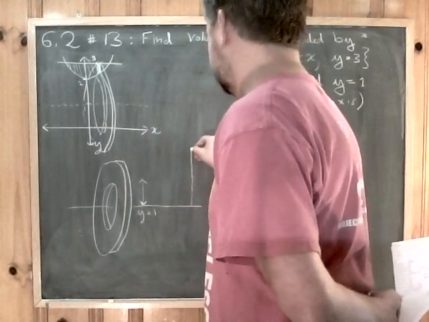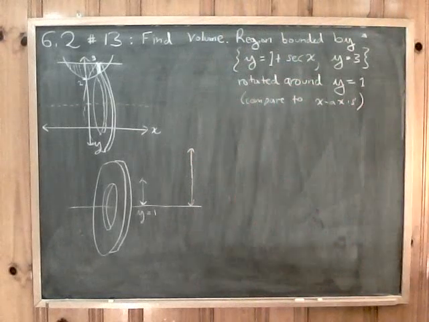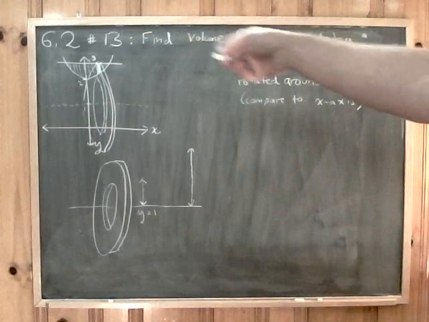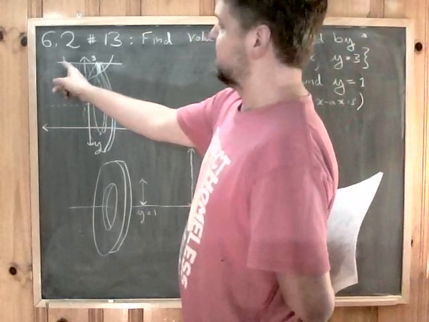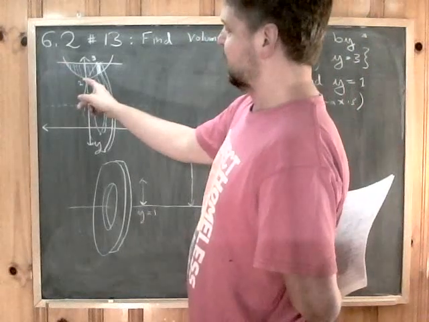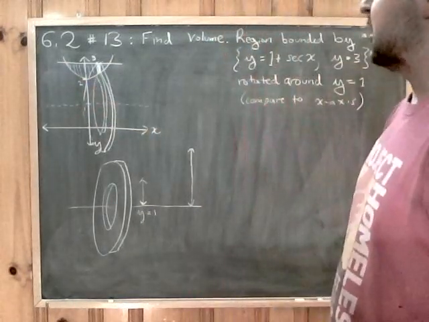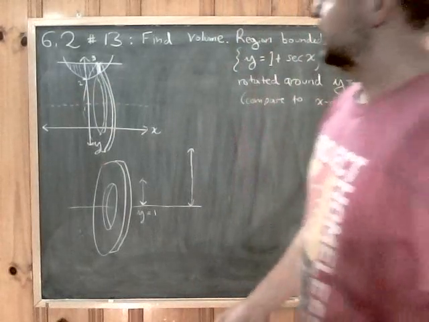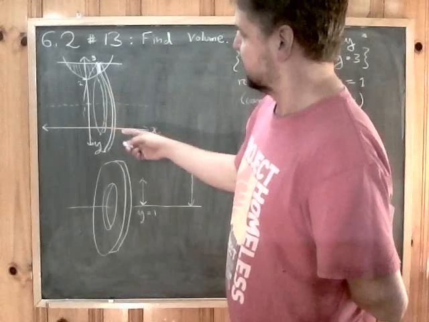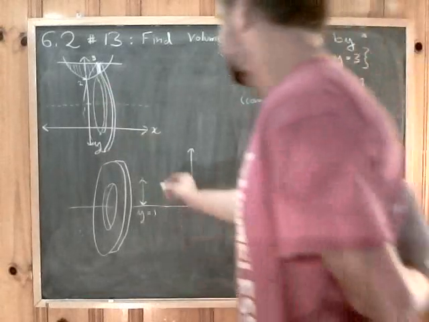So let's see, to there. All right, so the short radius changes as you go from left to right because of the curve. It starts out all the way up here, it shrinks down until it's the smallest here, and then it gets bigger again. And the short radius would be the 1 plus secant x, but it doesn't go all the way to the x-axis, it just goes to 1. So it's going to be 1 plus secant x minus 1.